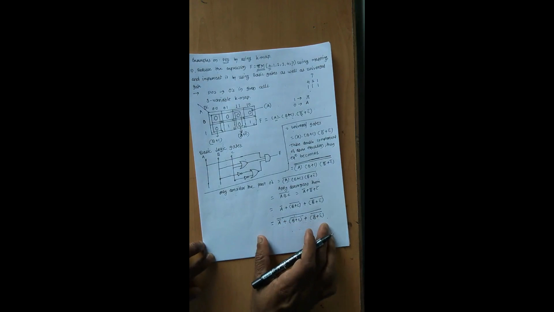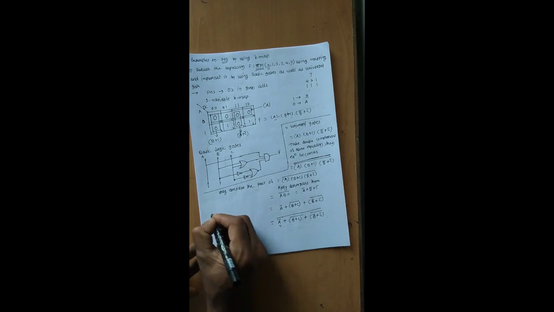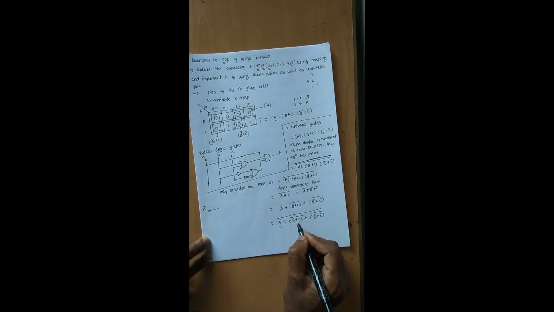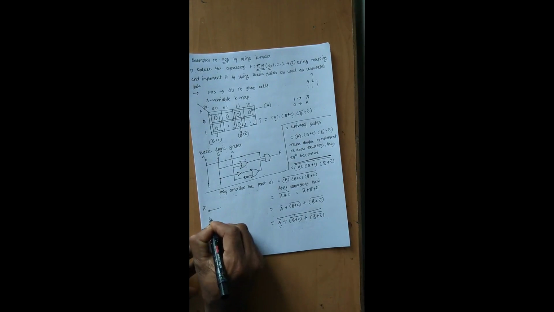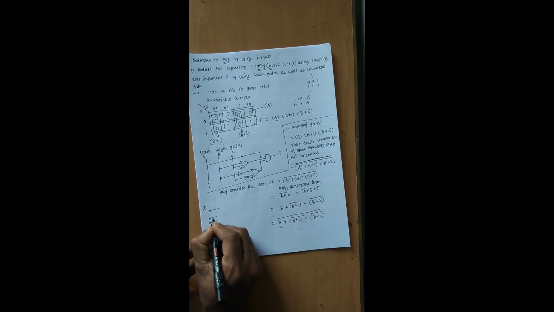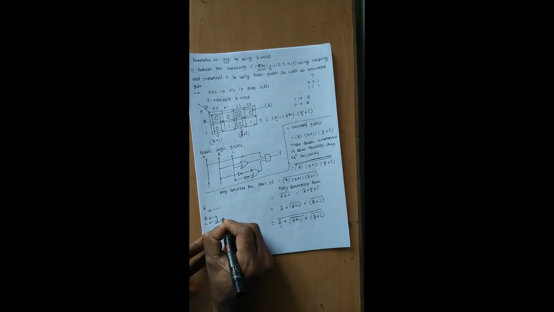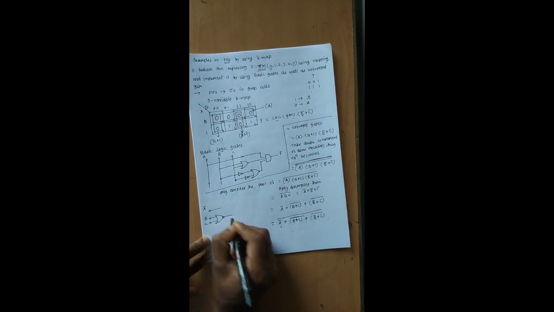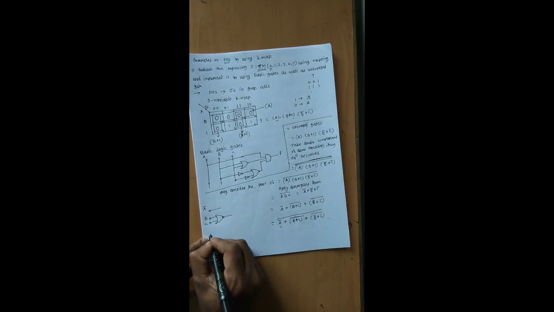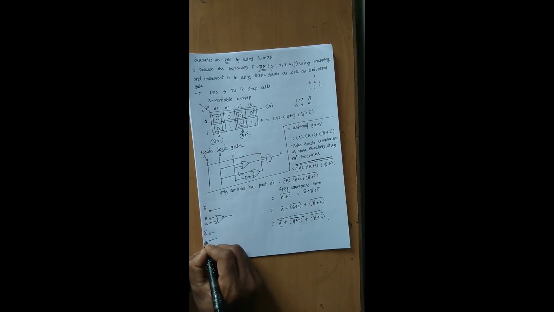Okay, just try to draw the diagram for this. First we need A bar, so take A bar. Okay, then second term B plus C, so take two variables B and C, and we need bar, that is we use NOR gate here. Okay, for the third term we need B bar, C bar.